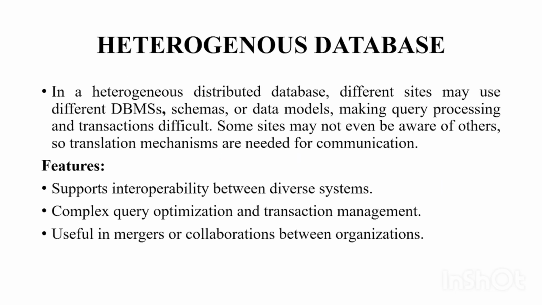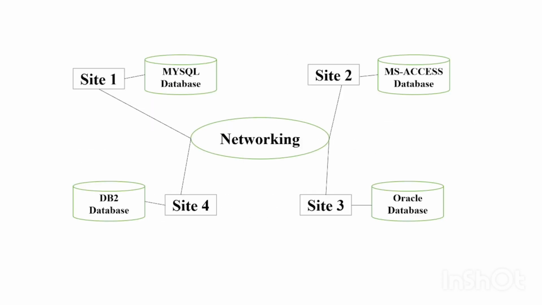Next is the heterogeneous database. Heterogeneous means different computers use different databases. Site 1 uses MySQL, site 2 uses MS Access, site 3 uses Oracle, and site 4 uses DB2. They may have different formats, different languages, and different structures.